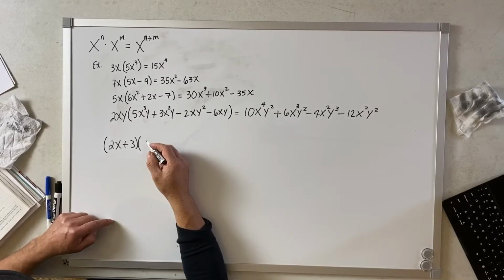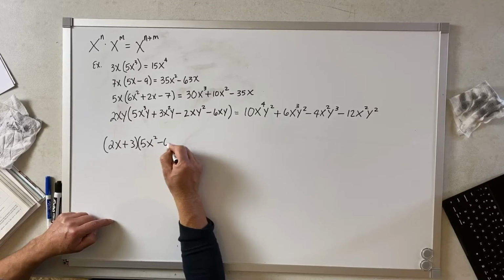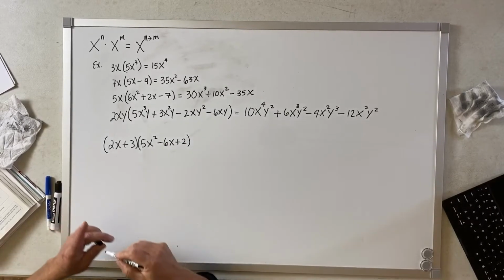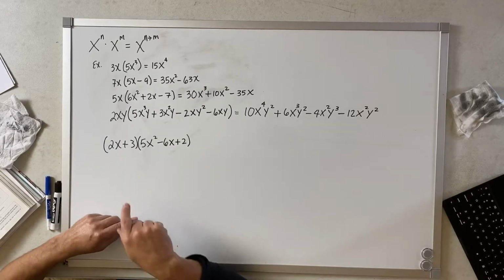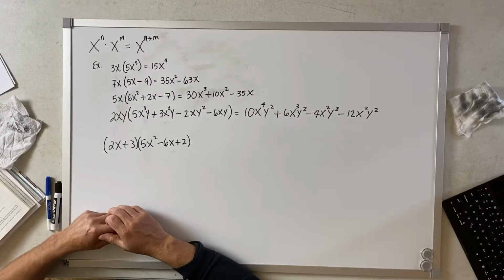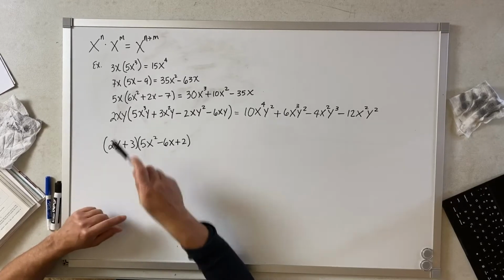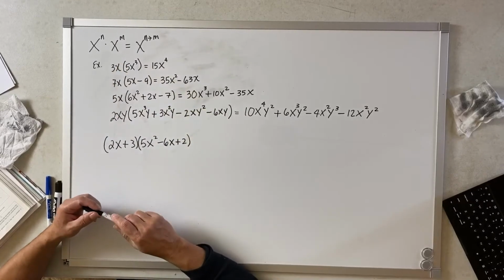Trinomial, 5x squared minus 6x plus 2. Here, I am multiplying this binomial times this trinomial. We're going to have to apply the rule.